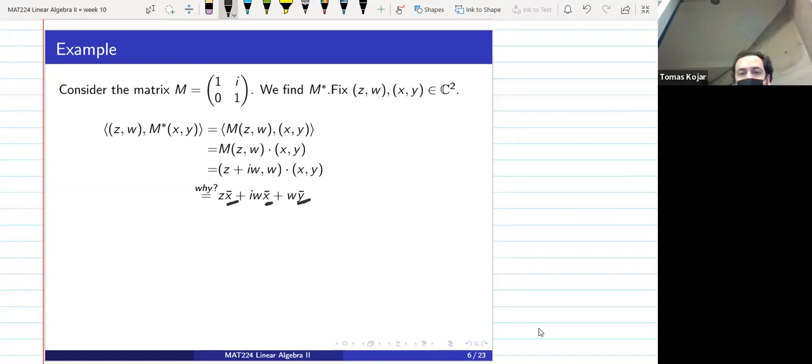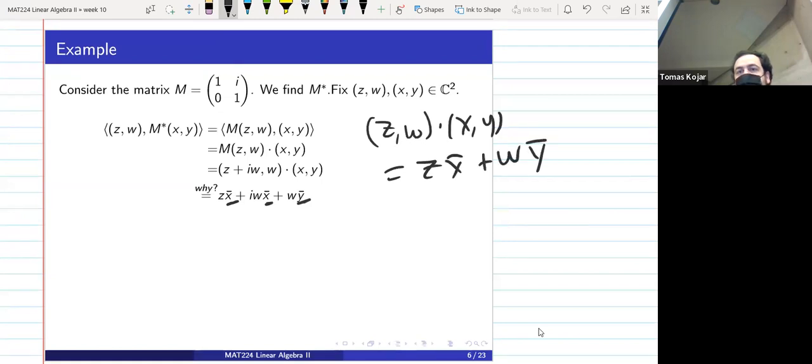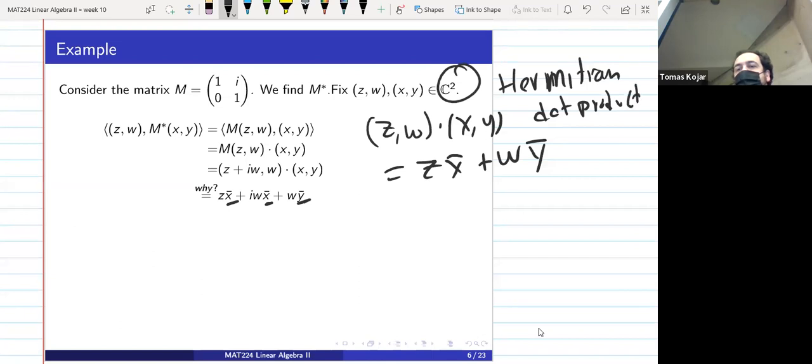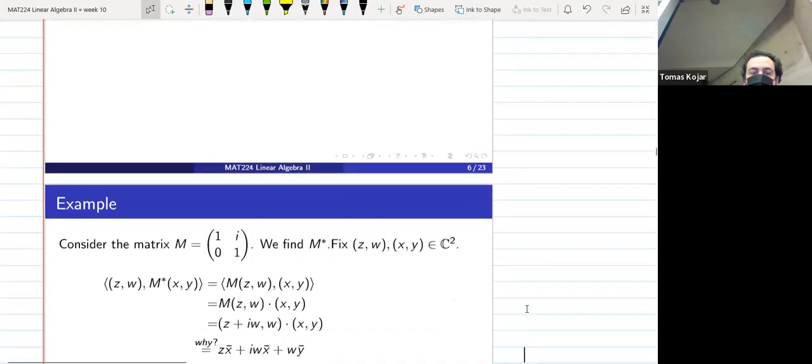Just to remind you, (Z, W) dotted with (X, Y) is equal to Z X bar plus W Y bar. This is the Hermitian dot product over C^n. Over R^n, X bar is X. That's just the definition.